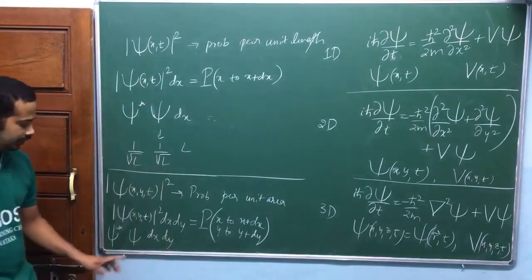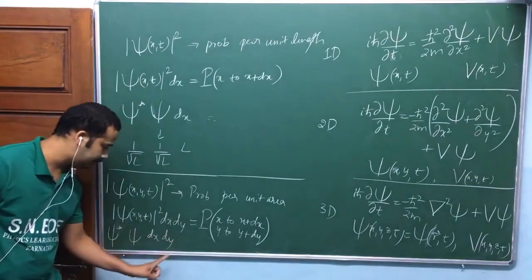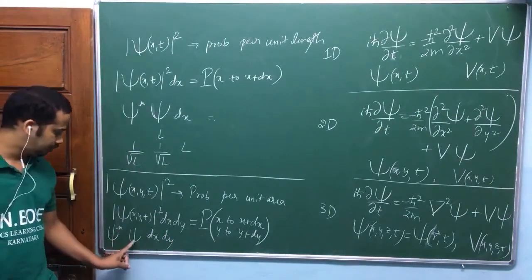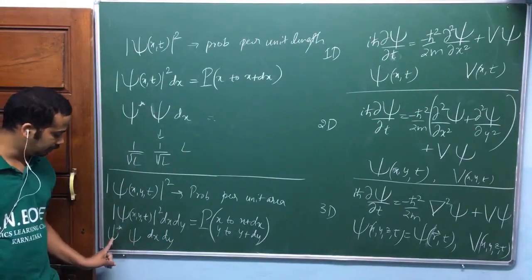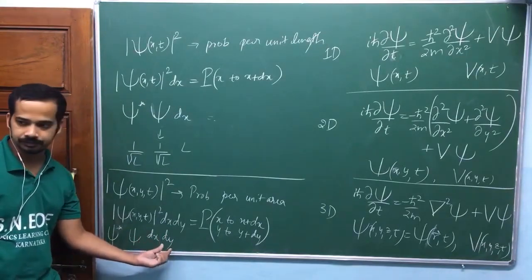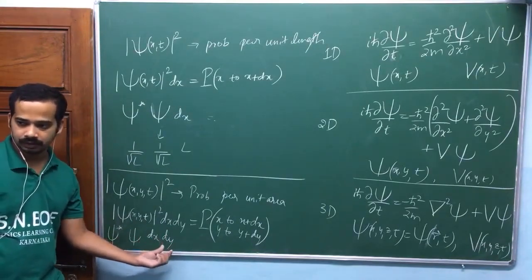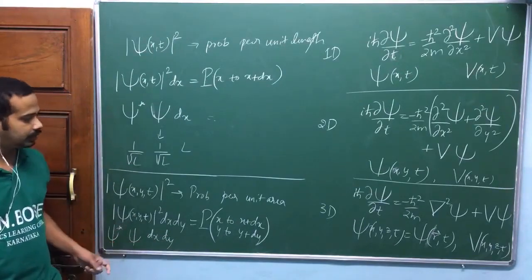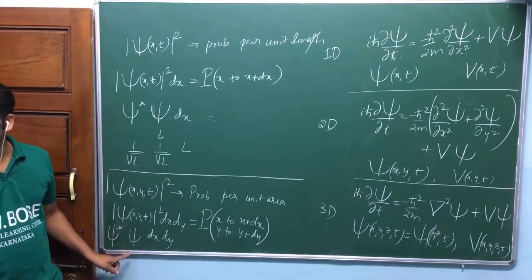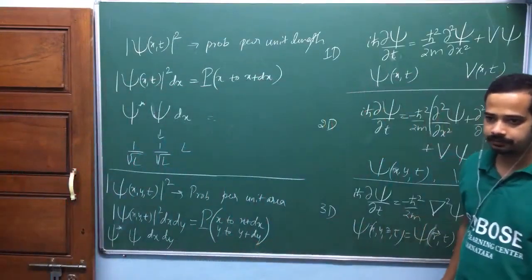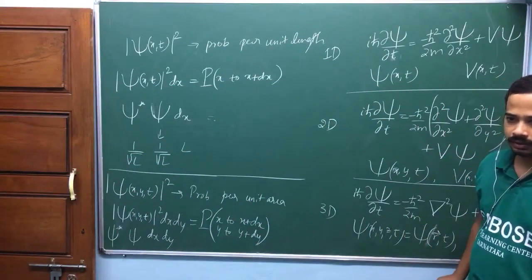Now psi star psi dx dy. What is the dimension of psi? This total should be a dimensionless quantity, so these two should have the same dimension. So this should be 1 by L square. When you multiply, you should get 1 by L square, so that you have L square here, length into length. So if the multiplication should be 1 by L square, the individual should be 1 by L, 1 by L. What is the dimension of the wave function in case of 2 dimension? 1 by length.